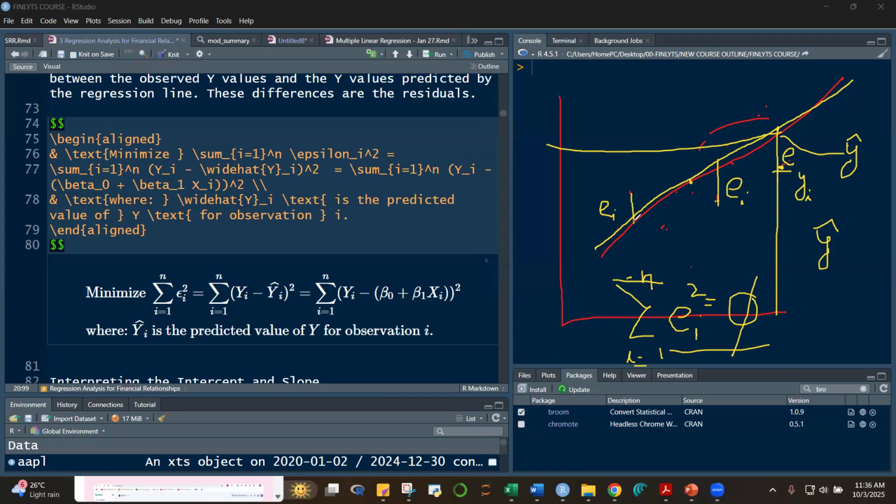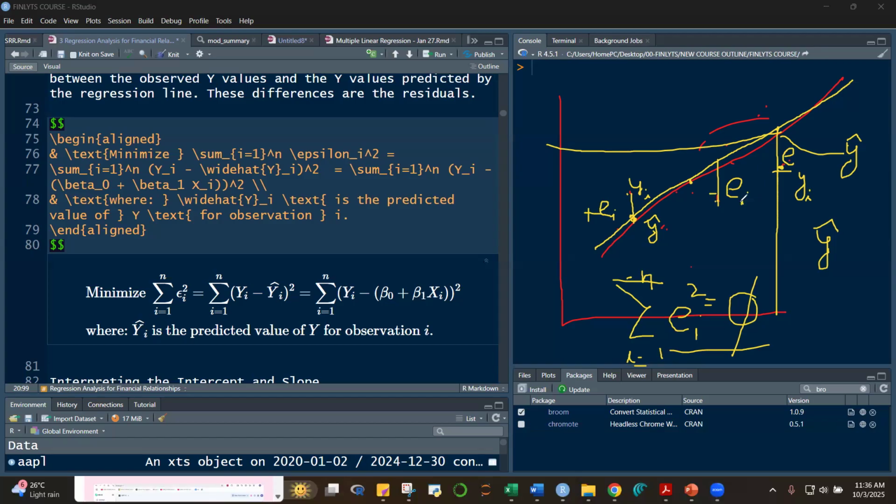Because for this one, for example, the point on the line is your y hat, right? This point is your actual y. So y sub i minus y hat is your epsilon, and it's a positive epsilon. On the other hand, those points that are below the regression line are negative epsilons. Why negative?